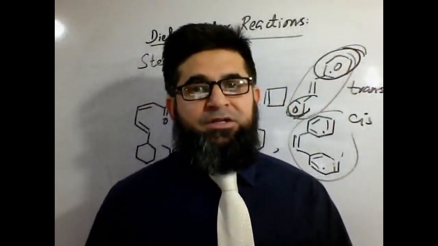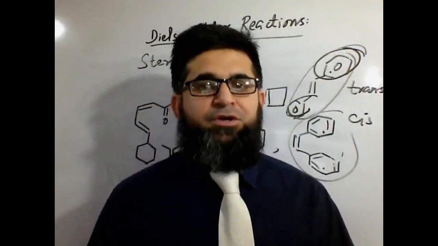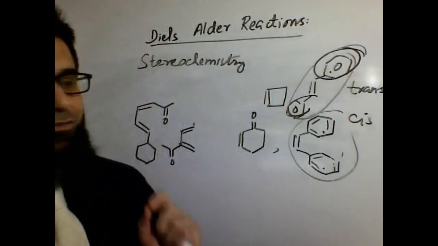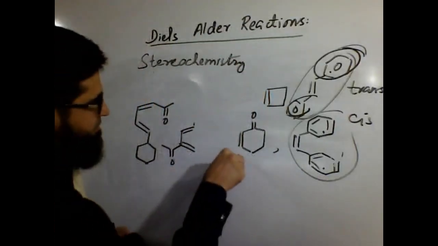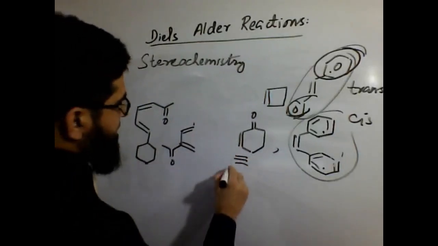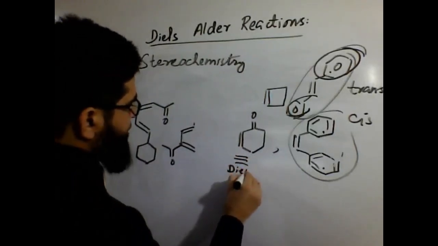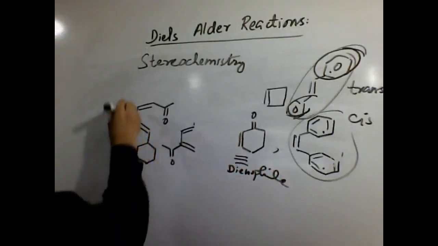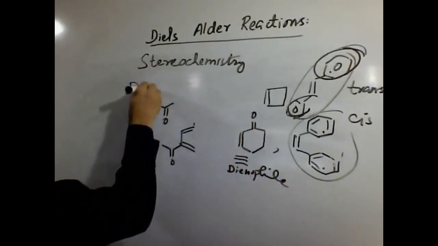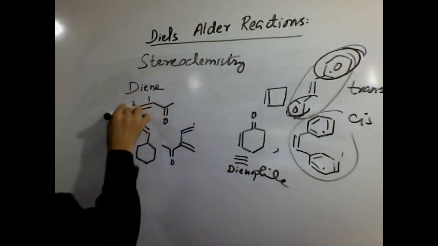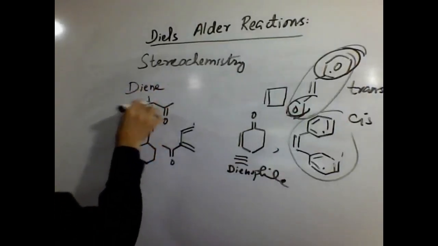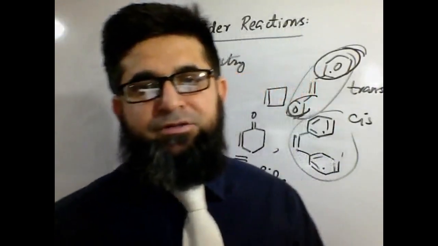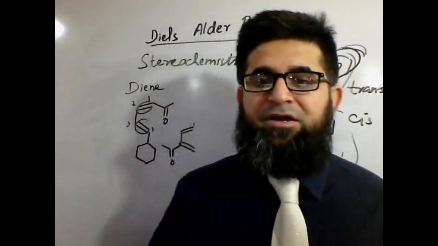The Diels Alder reactions require only two reactants. The one should be the one which carries a double bond. It is called dienophile. The other is supposed to be a diene, the one which carries at least two double bonds. There is a variety of dienes, there is a variety of dienophiles.